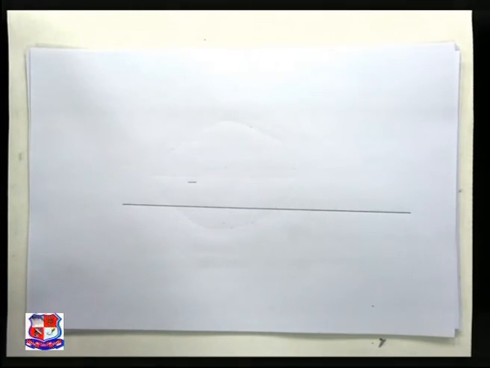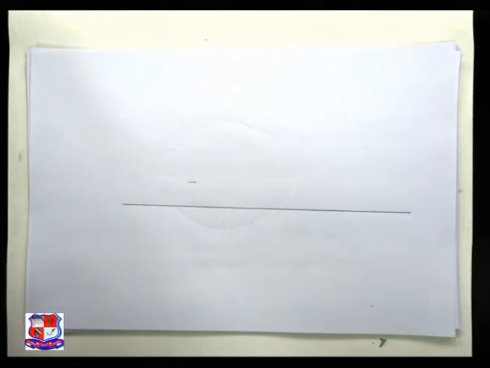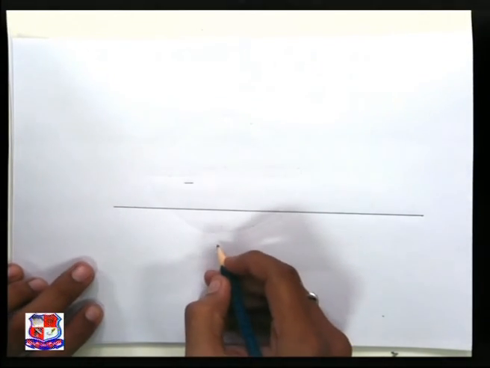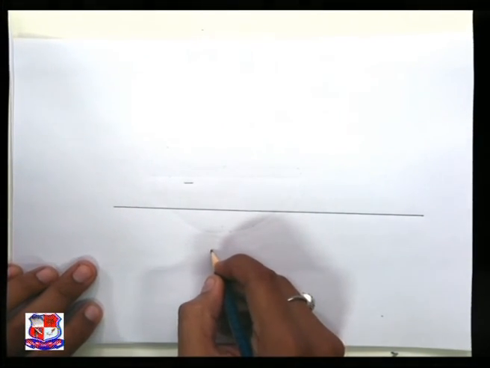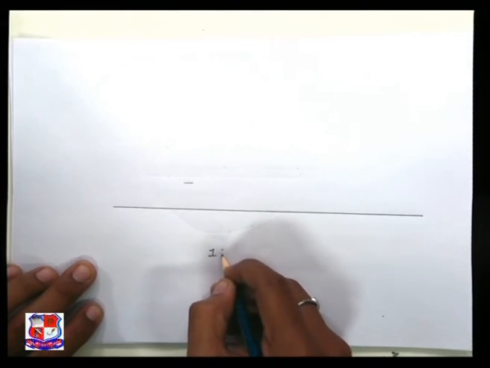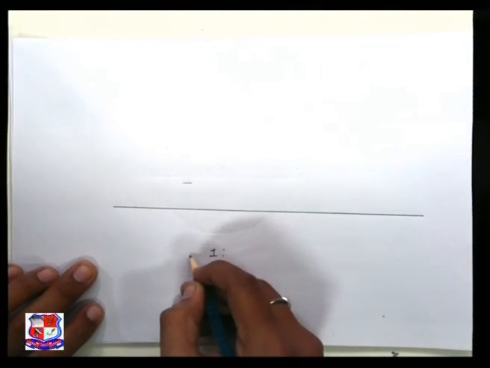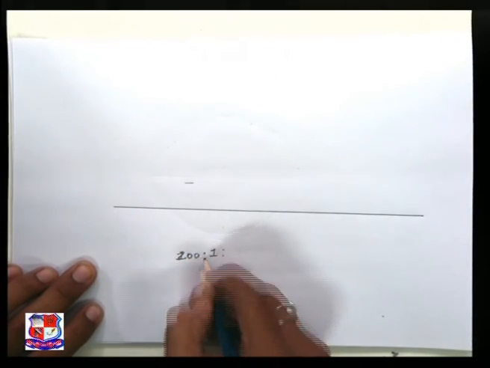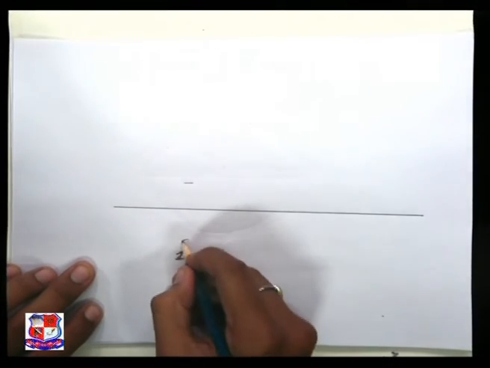Now it is very feasible and it can be seen easily on the drawing paper. What is the drawing scale now? I just need to write 100 is to 1 scale.